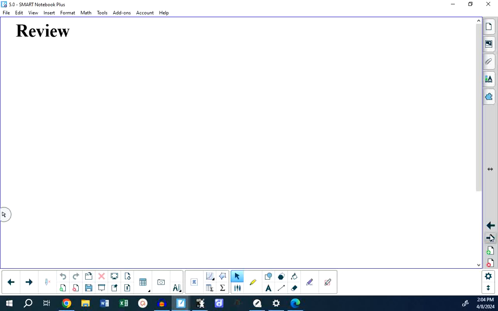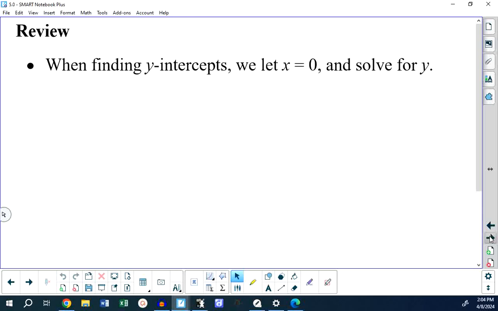So this is page 25 of your unit handout. We're going to review a few fundamental ideas here. It goes without saying that everybody should be able to determine a y-intercept of a function. And I pluralized y-intercept. I'm clearly talking about functions in general, like many functions.